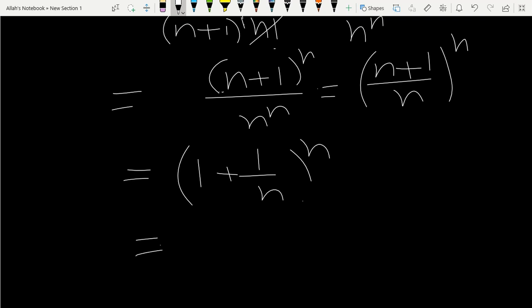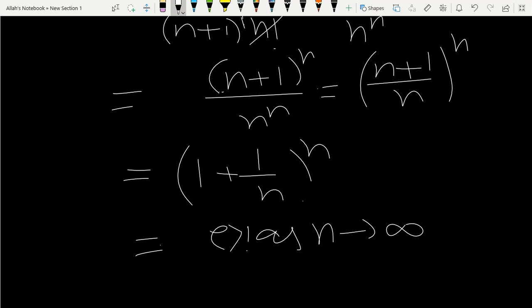It is equal to e as n approaches infinity. Since e is greater than 1, it means that the series is divergent.